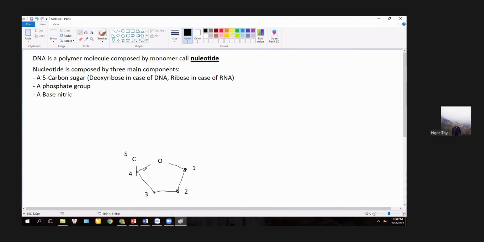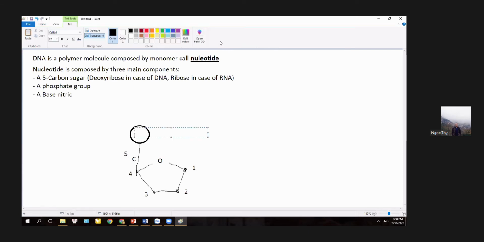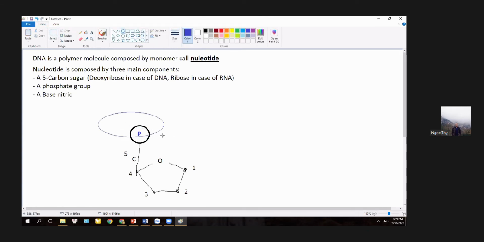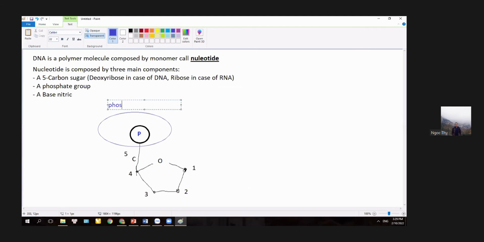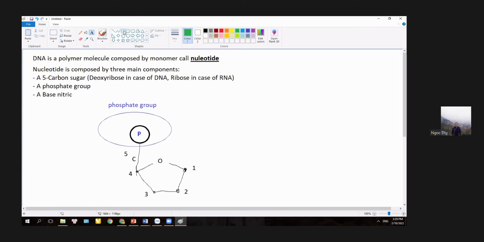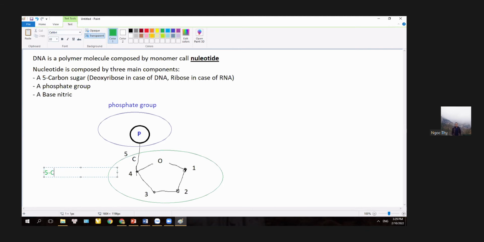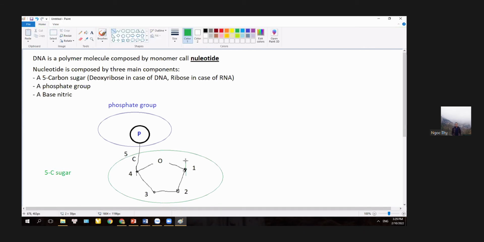Next is a phosphate group, which is attached to the carbon number 5. This is the phosphate group. And the nitrogenous base is attached to the carbon number 1.